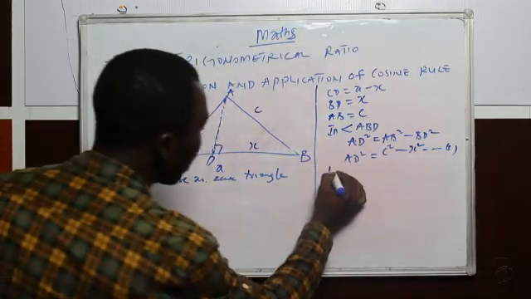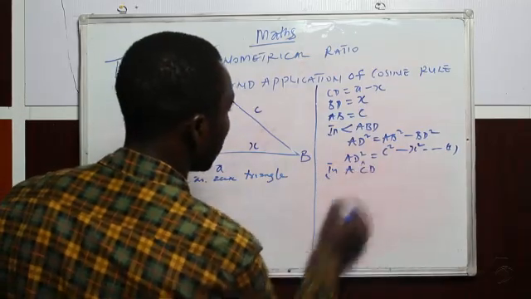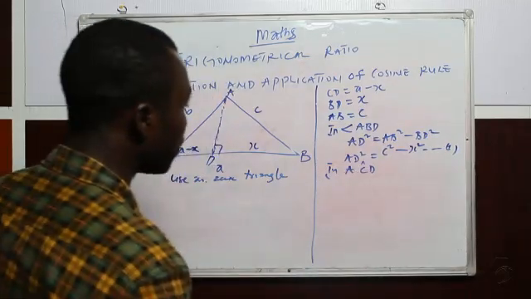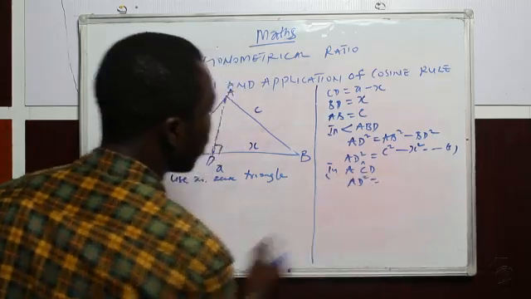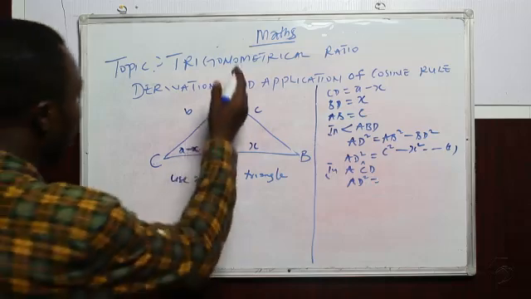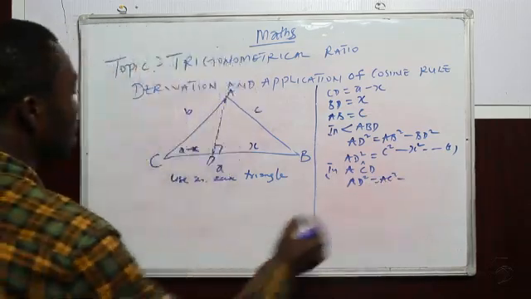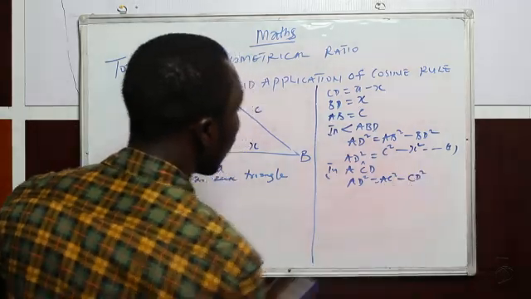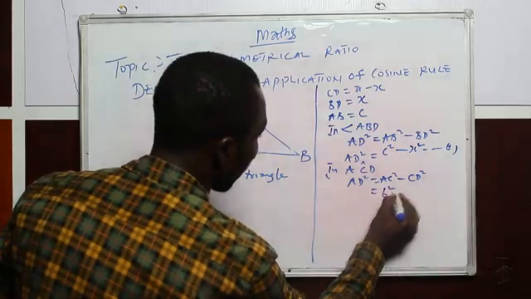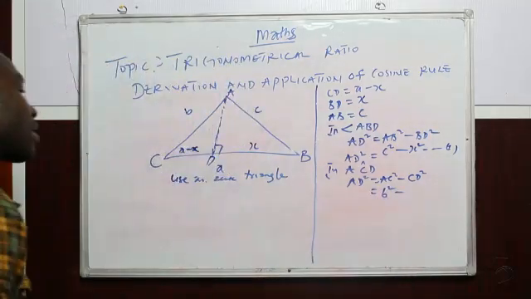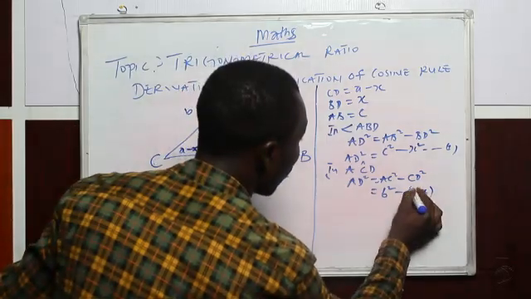Now, in triangle ACD, our AD square also is equal to AC square minus CD square. Our AC square is equal to b square, and our CD square is (a minus x) all square.